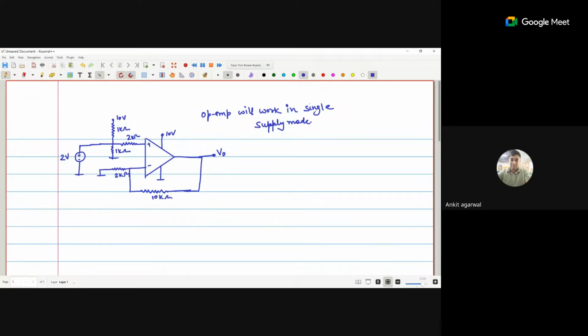Now we are changing the value of resistance. Now what is the V naught? 12 volt.